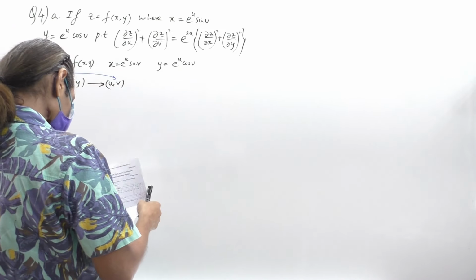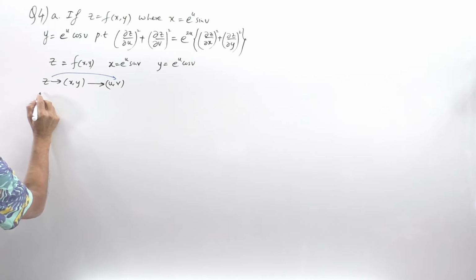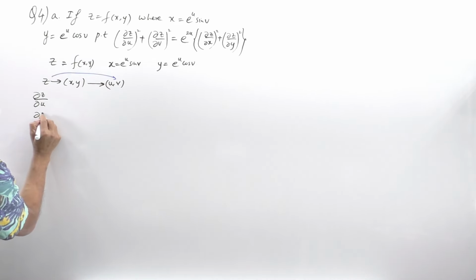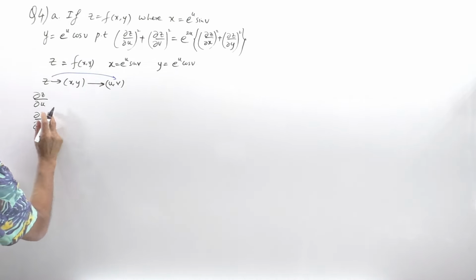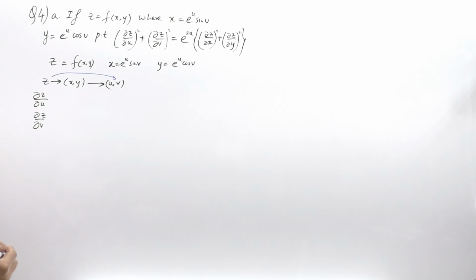That means z is the father of u and v. So z's two kids will be, one is dou z by dou u, the other will be dou z by dou v. So we get here the partial derivatives of z with respect to u and v both.